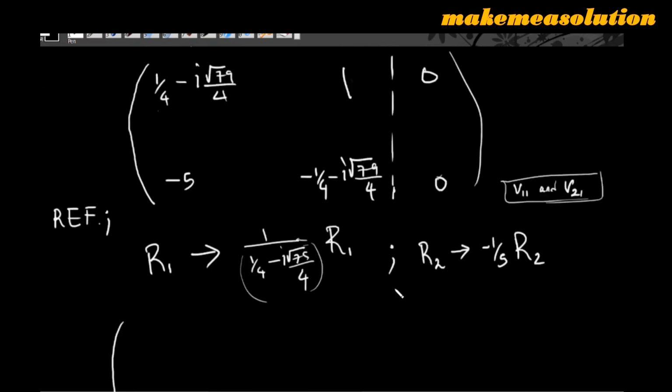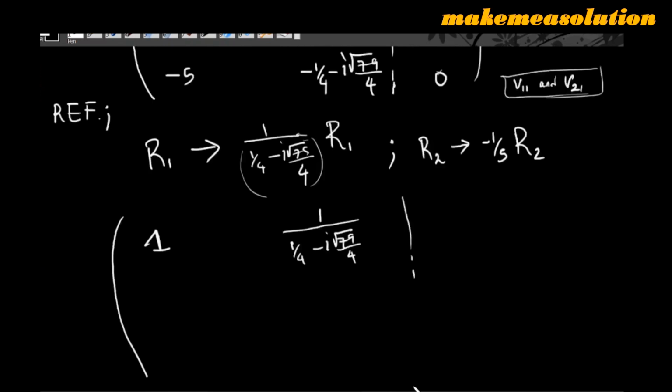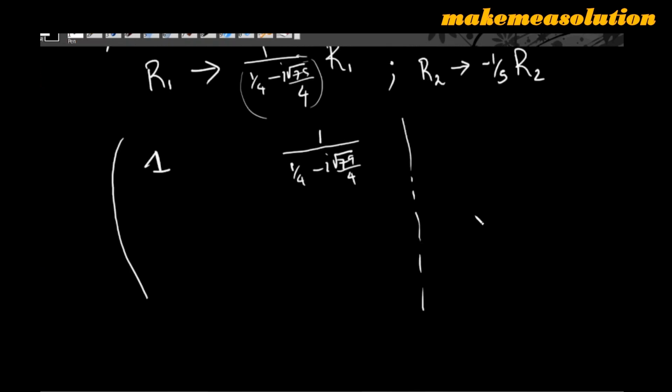So when we divide, we're going to divide this by itself. So this term divided by itself is going to give you 1. So you will have 1 divided by 1 all over 4 minus i root 79 over 4. And you now have 0 divided by that term, which is still going to be 0. Okay, you have 0 and 0 here.